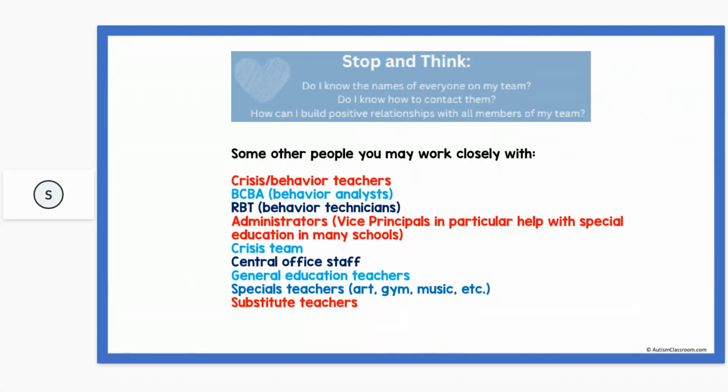They have crisis teams, central office staff, general education teachers sometimes. And it's always cool when the gym teacher or the art teacher really takes a liking to the special ed class and they come and offer extra support, or they give the kids extra support. I love seeing that. They have special teachers and substitutes because there are just a lot of people that work in an autism classroom.